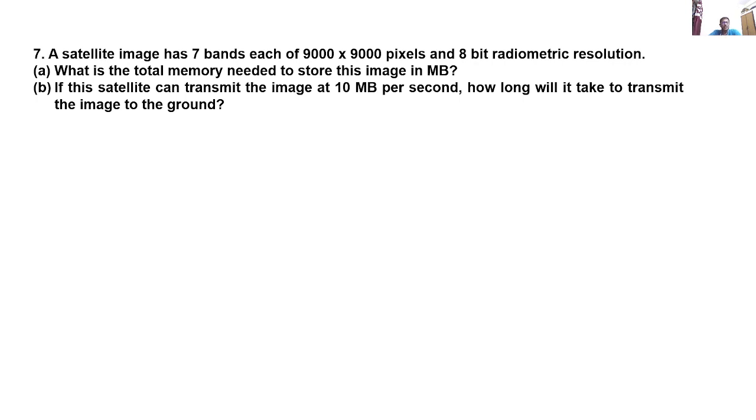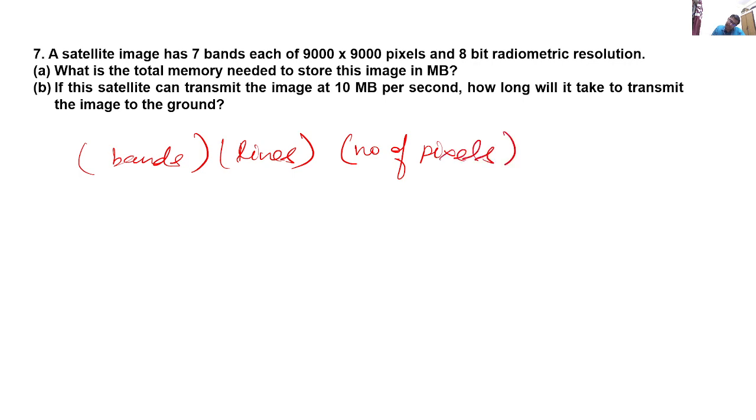So the first question is straightforward. The memory requirement is number of bands times number of lines times number of pixels in each line times number of bits per each pixel.